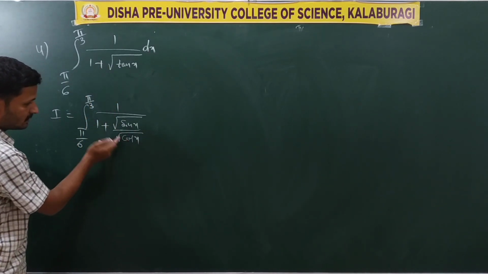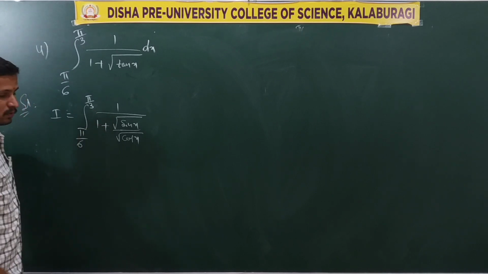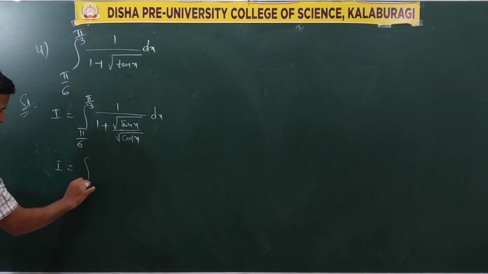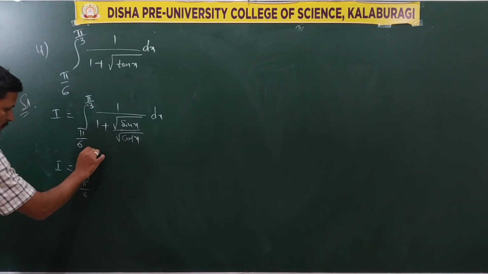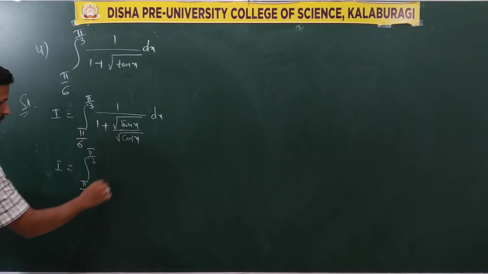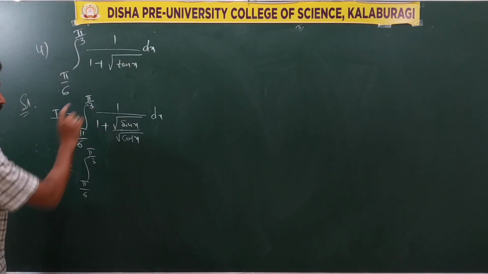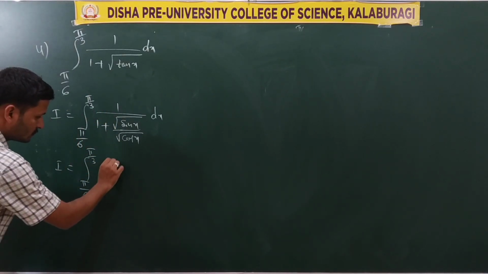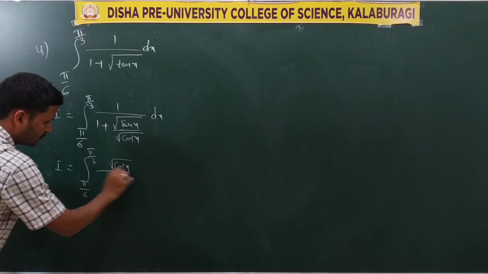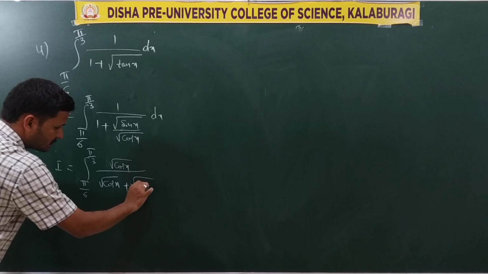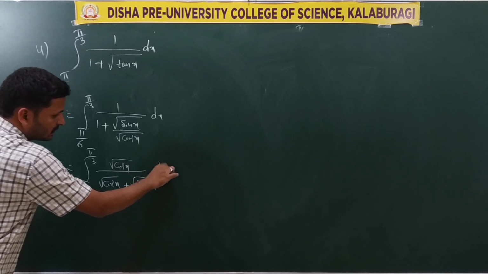So I is equal to the integral from pi by 6 to pi by 3. Now here the LCM is root cos x. So taking root cos x to the numerator, that is root cos x divided by root cos x plus root sin x into dx.